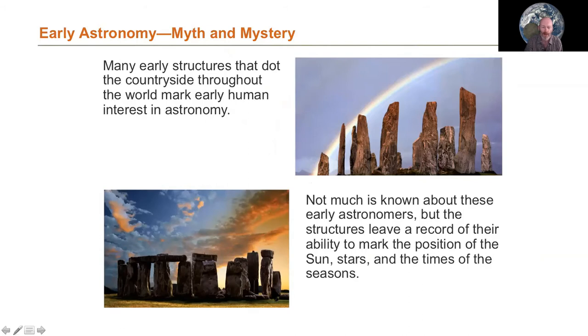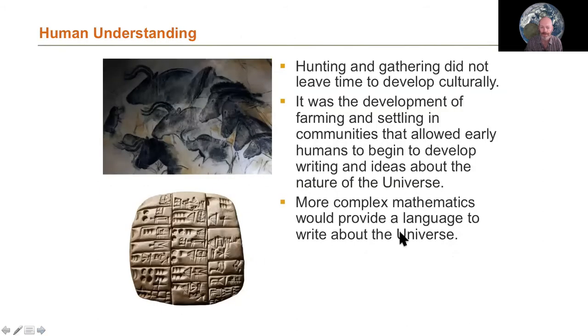Stonehenge is set up so that the sun comes up and goes down between the stones on certain key days, like the longest day of the year and the shortest day of the year. Also in the equinox days, which are the days halfway between those two, and cast no shadows, so that you would know what was happening. These help mark the seasons and help mark the changes in the sky.